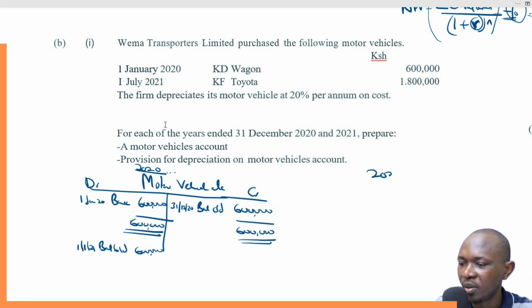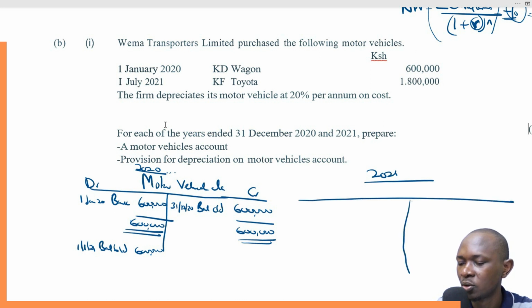So we can come here and prepare the 2021 motor vehicle account. Credit, debit. We started with the balance we closed with, so we simply say 1/1/21, balance brought forward, 600,000.